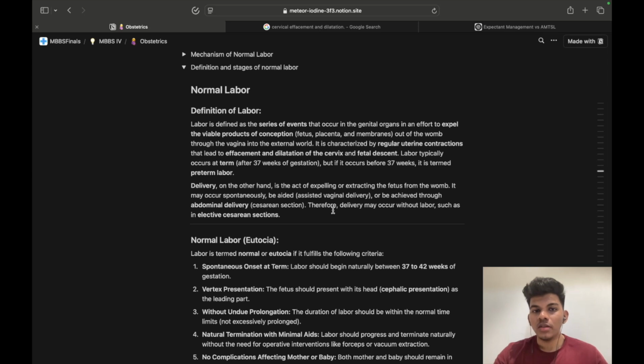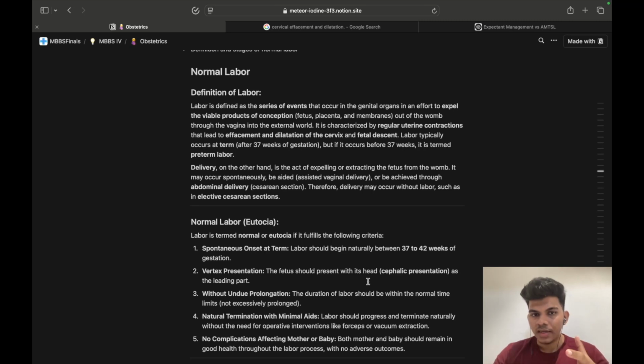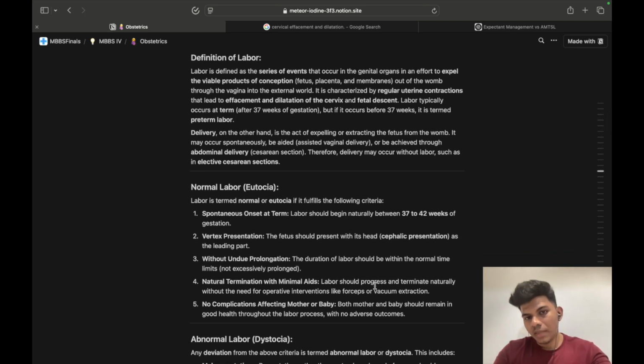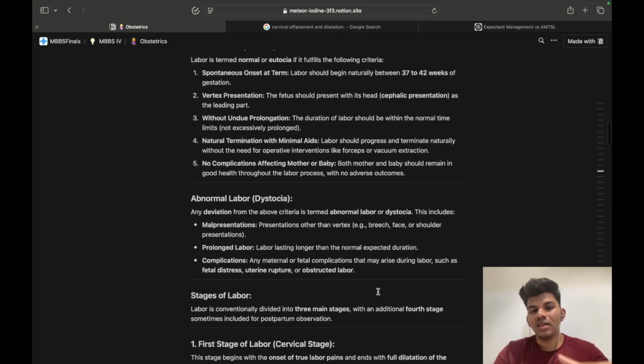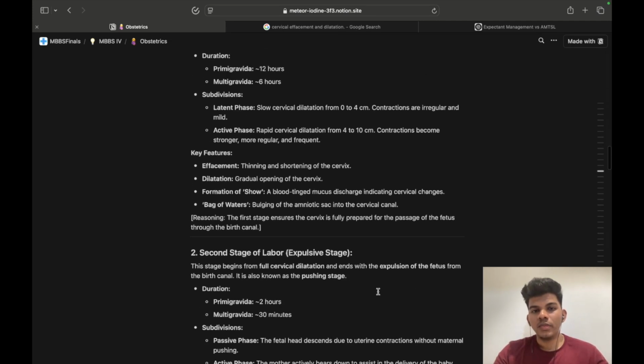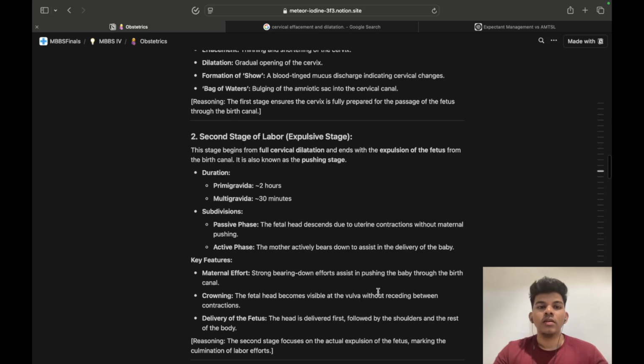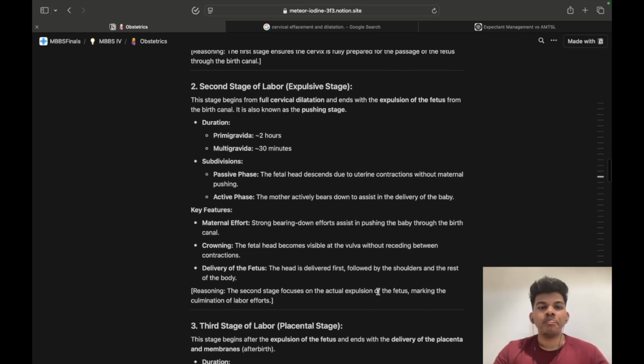In that process, the fetus is expelled, and it required movement of the fetal head and other body parts. That was the mechanism of labor. These are the stages of labor. Both are completely different things, so let's not mix them up.